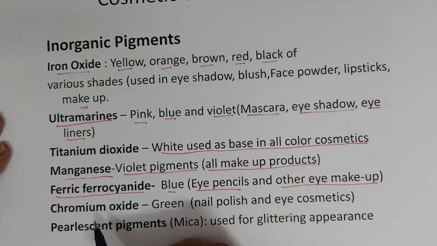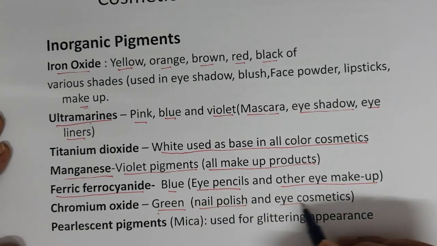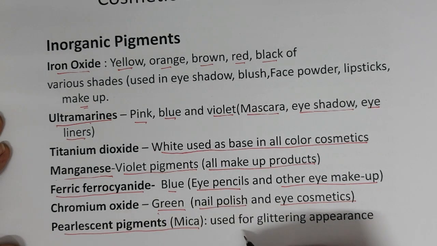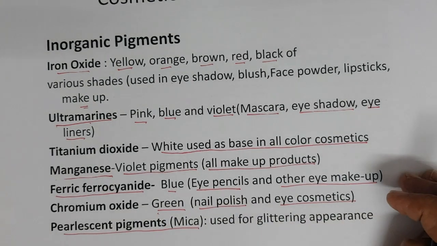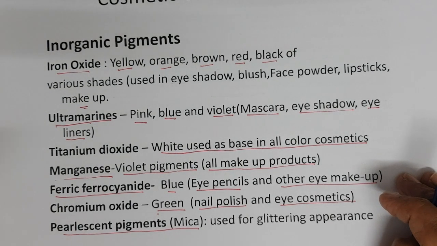Chromium oxide, it's green, used in nail polish and eye cosmetics. Pearlescent pigments, mica, used for giving a glittering appearance. No? These are the various categories of inorganic pigments.